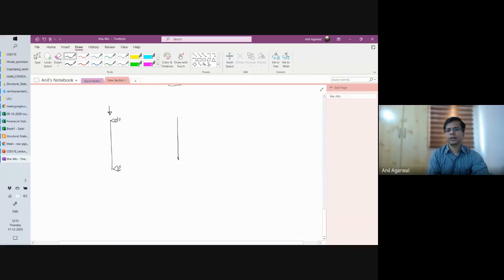But if I give you a frame like this, and I apply a load on it, and there is no material failure, so the material is strong enough, but the flexibility may be a concern, and this may buckle. If I ask you when it will buckle, how would you go about developing an analytical solution like you developed for this case? It would be a nightmare to develop an analytical solution from scratch.